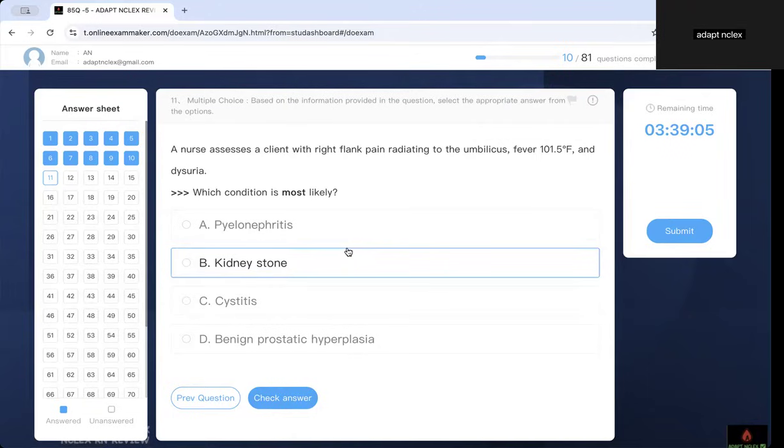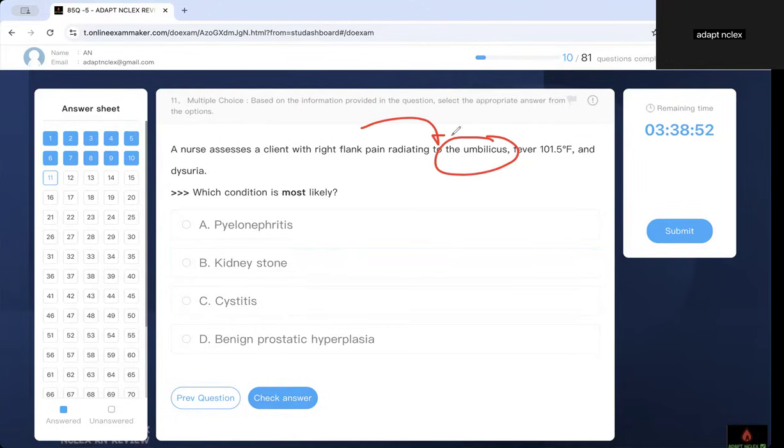Is it pyelonephritis? Is this a kidney stone? Is it cystitis and BPH? What do you focus on? Look at what they've given you. They're giving you umbilicus, pain going there, fever, and dysuria. Therefore, if this is the patient, he has flank pain going to the umbilicus, and then dysuria.